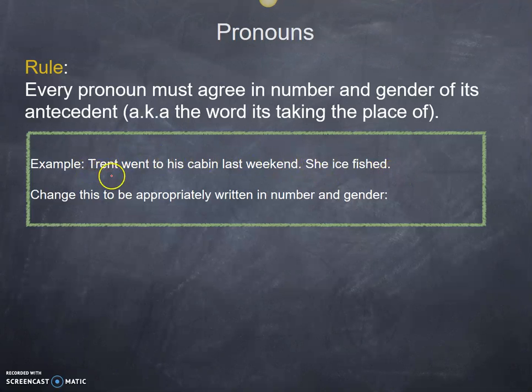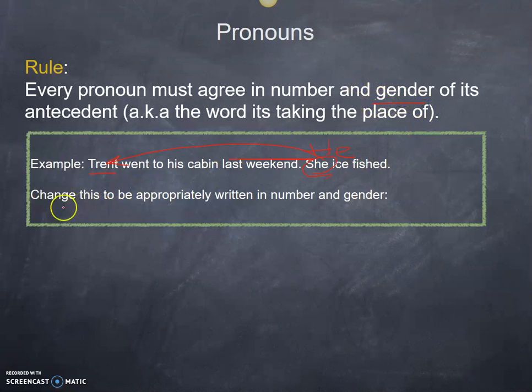This is a non-example because she is taking the place of Trent, but does not match the gender. Okay, this should be he ice fished. So this is an example of a pronoun that does not follow gender.